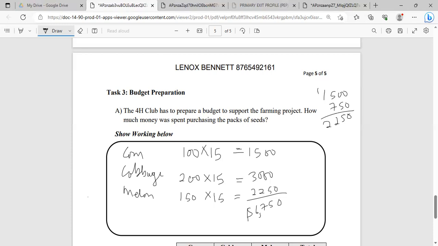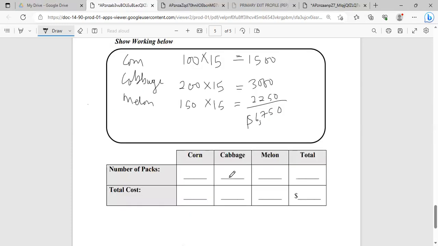Let's see if there's anything else. Oh, they did say the number of packs of corn. So how many corn did we buy? 15. And the total cost would have been $1,500 based on that. We had bought 15 packs of cabbage, and the cost would have been $3,000. So we're just putting back the information here. Not sure why they're asking you guys that again.